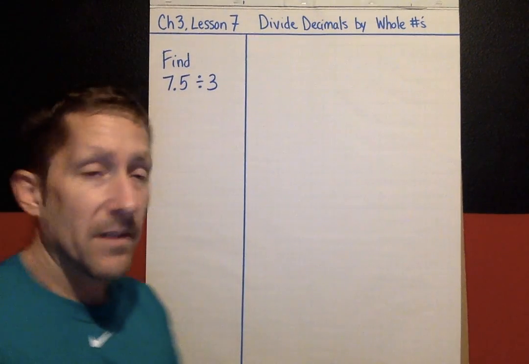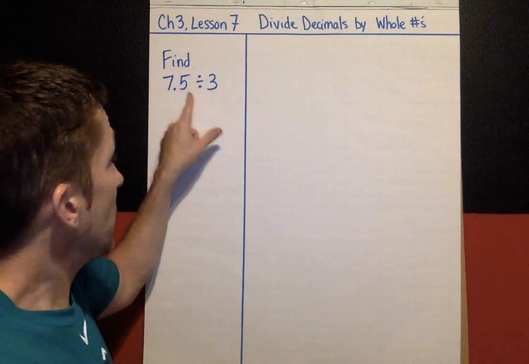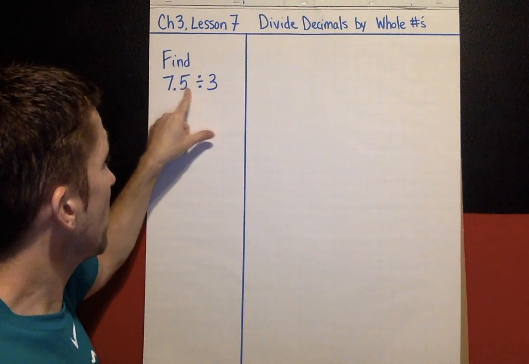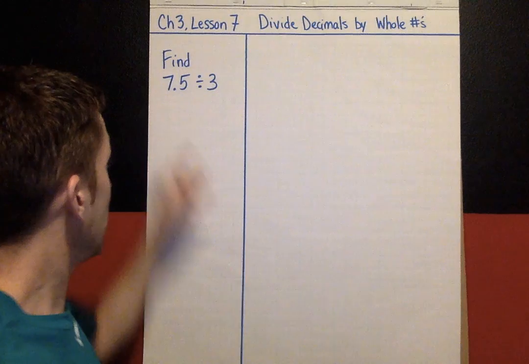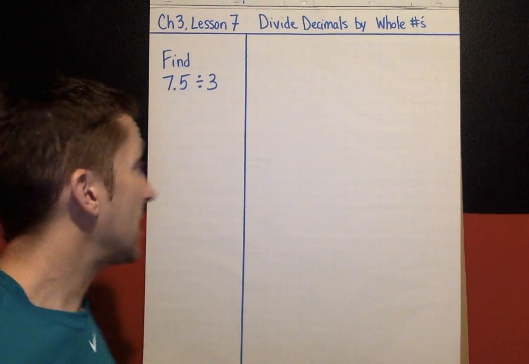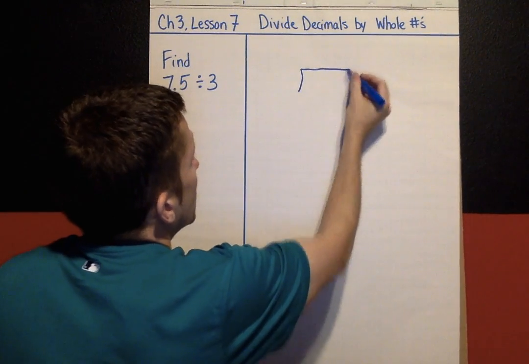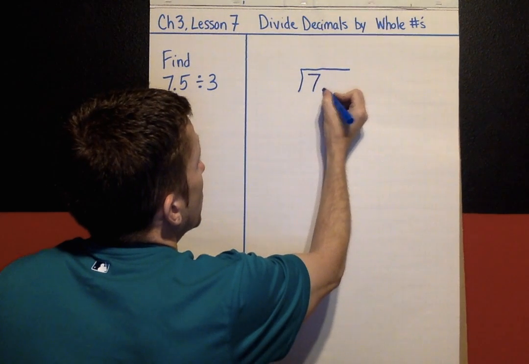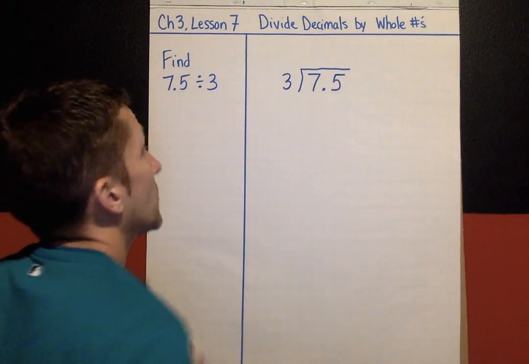So we're going to follow the steps for long division, and in a previous lesson we learned that if your division problem is written this way, 7.5 divided by 3, the first number is always going to go on the inside if you are setting it up to long divide. In other words, I want 7.5 on the inside. The 3 goes there.